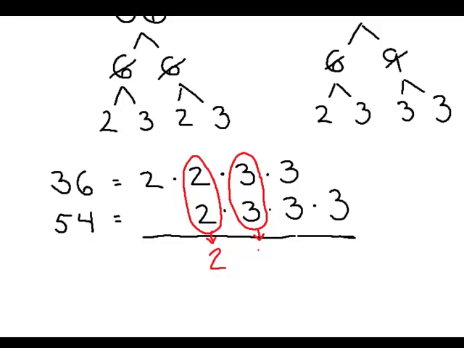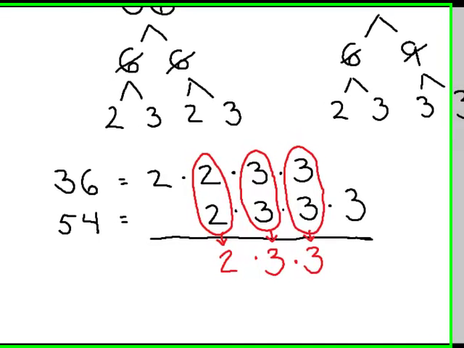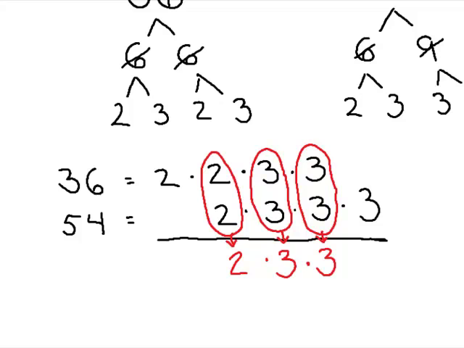And they both have in common another factor of 3. Now, if we were finding the GCF, which is the greatest common factor, we would have all the factors we need. It would be 2 times 3 times 3.